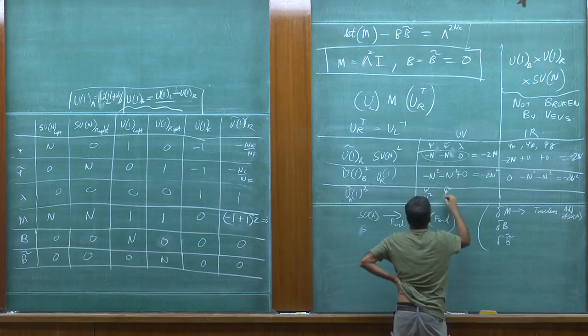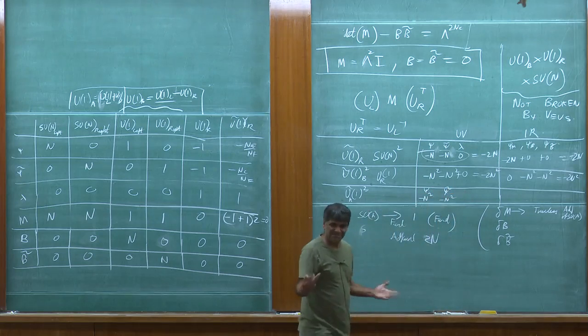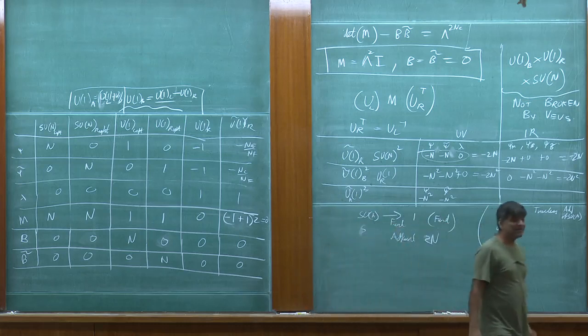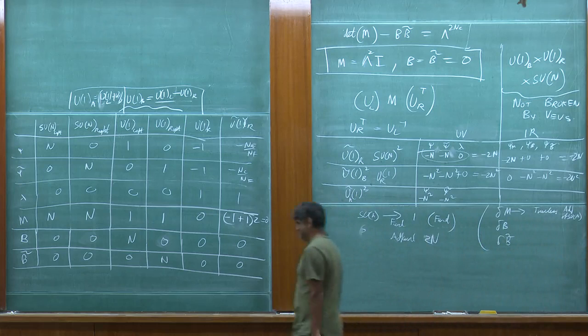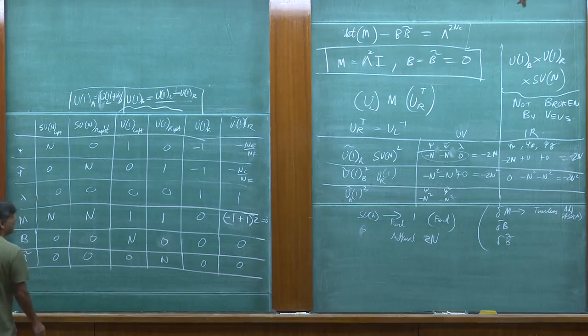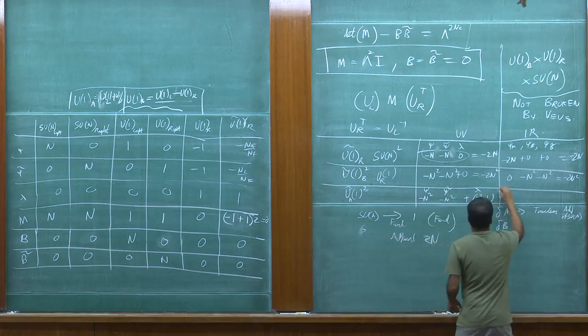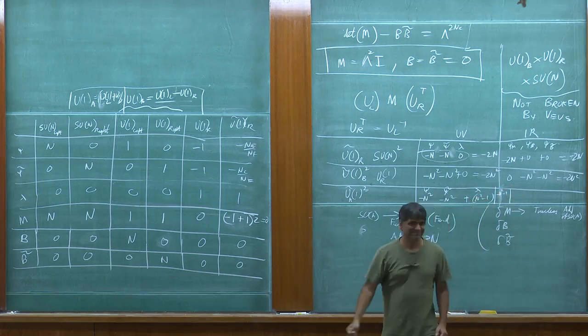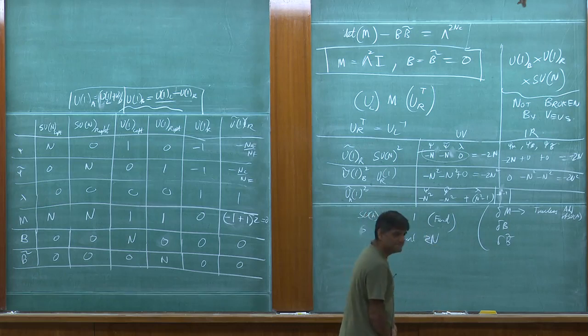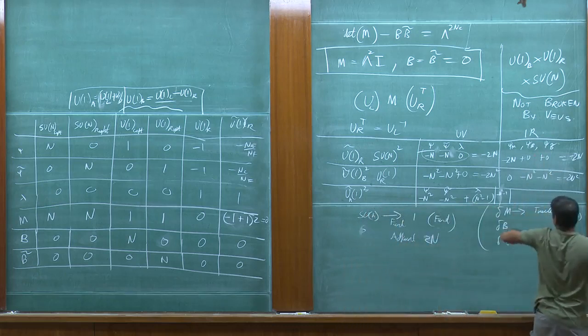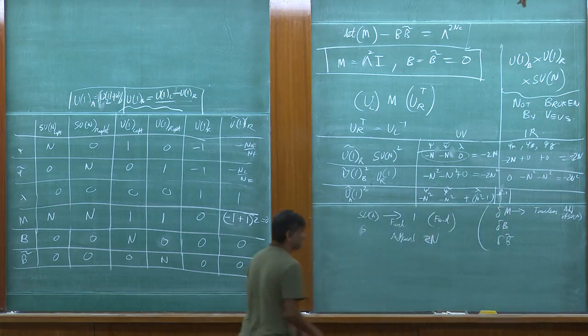From psi tilde, we will get -n squared. Same argument. What about from lambda? We will get plus n squared -1 from lambda. And so totally we get -n squared -1. Is that good? Now what about from the composite fields?